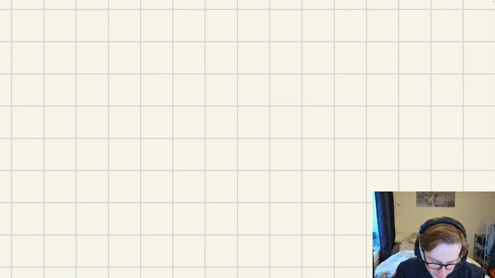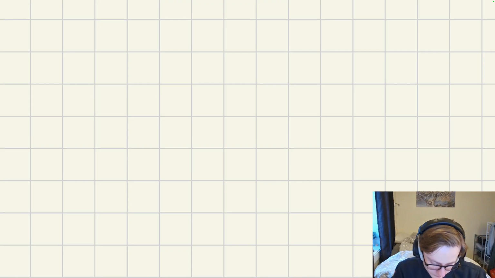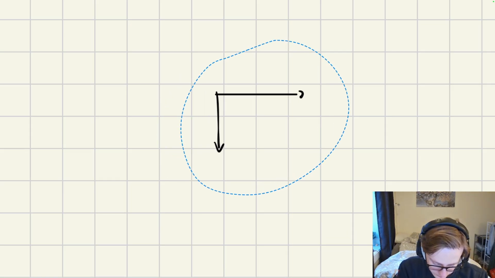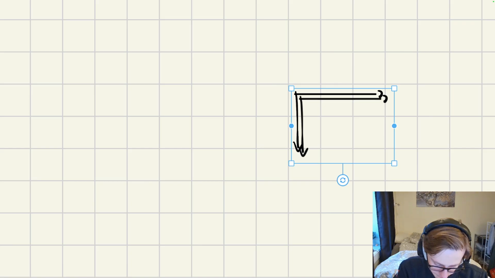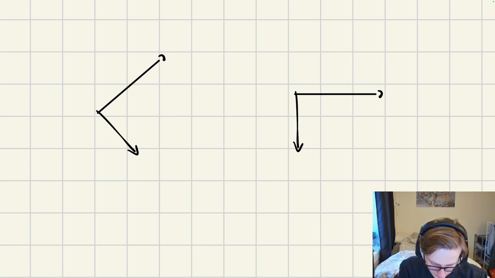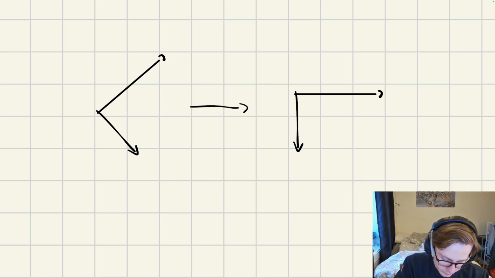Okay, let's try to simplify it even more. If we have two values, we want to find the transform between them.